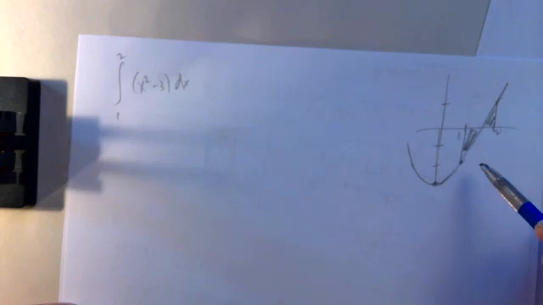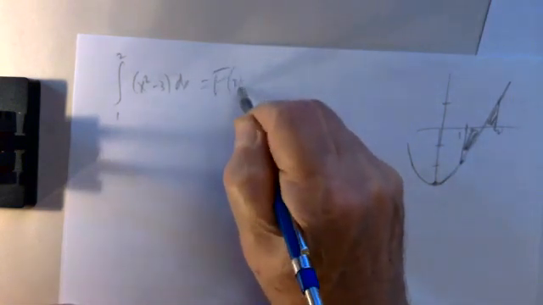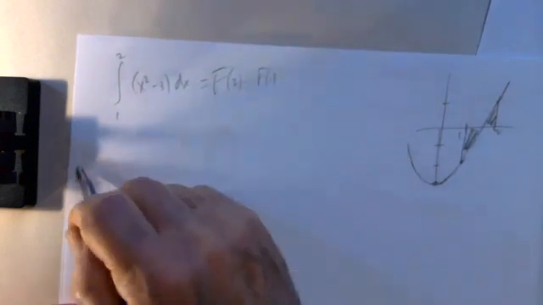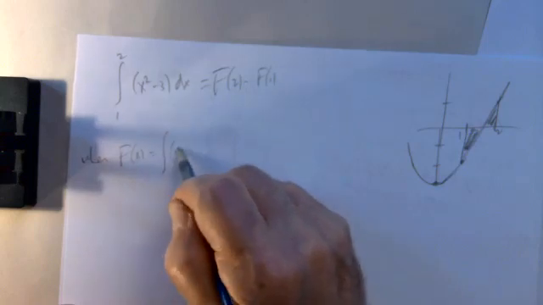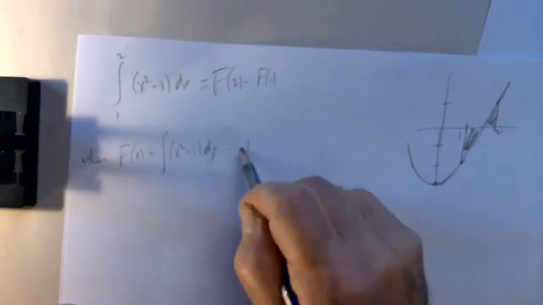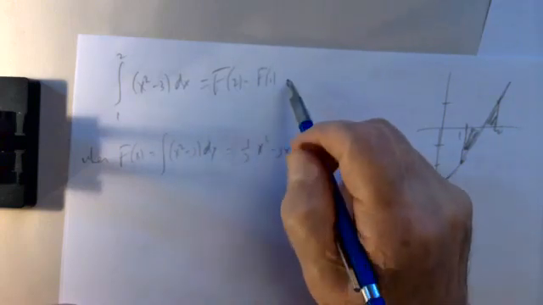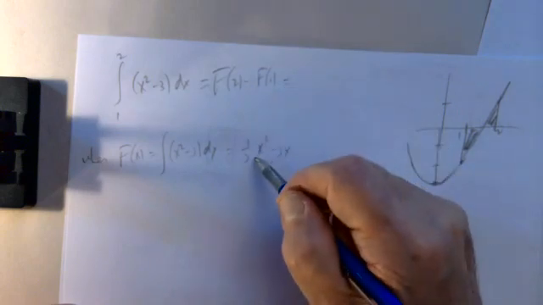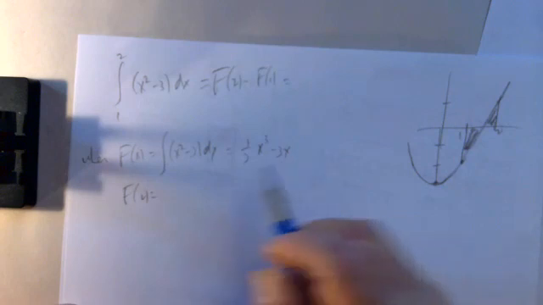This minus this. So in order to evaluate this, this is capital F of 2 minus capital F of 1, where capital F of x is the antiderivative of x squared minus 3, which we know is a third x cubed minus 3x. So what is F of 2?